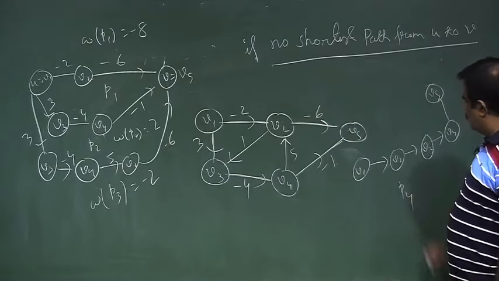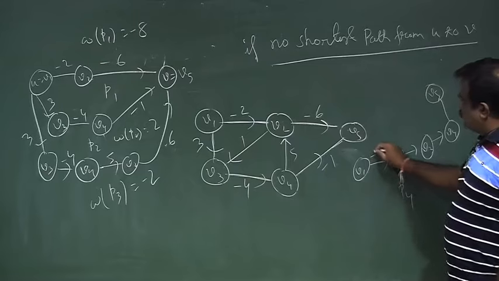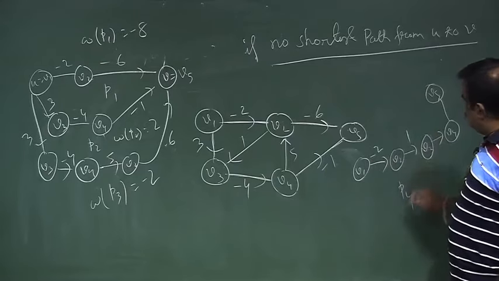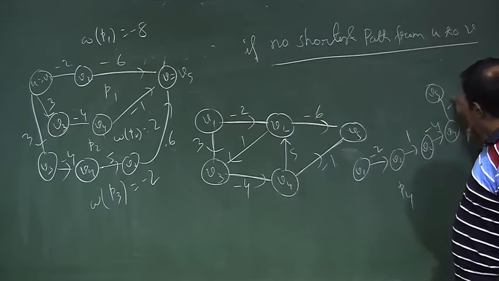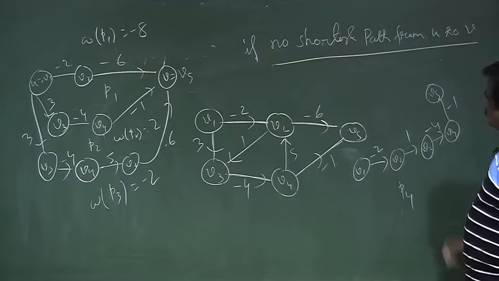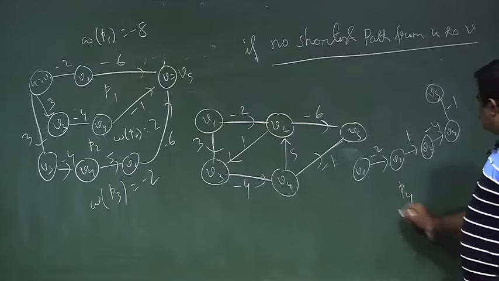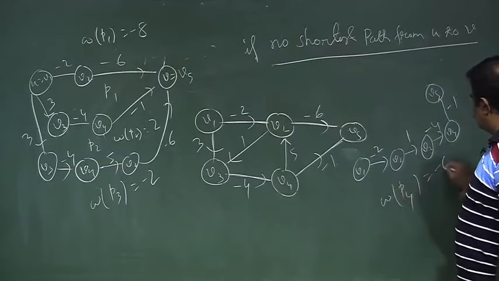So this is P4. So what is the weight? Weight is -2, this is 1, this is -4, and this is -1. So this is basically -6. So weight of this is -6.